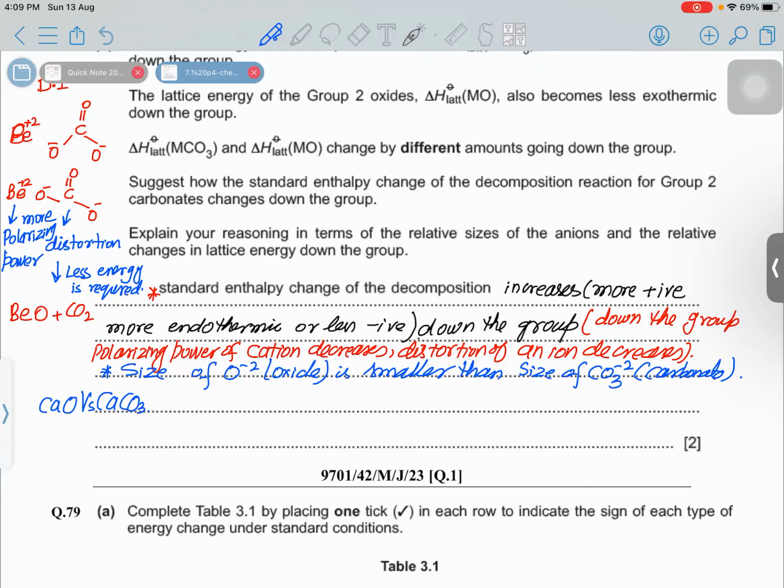So oxide is smaller. So which one has more lattice energy? Oxide will have more lattice energy because the size is smaller, right? So which one is more exothermic? So oxide is more exothermic. Now find from Google: calcium oxide is more exothermic or calcium carbonate?